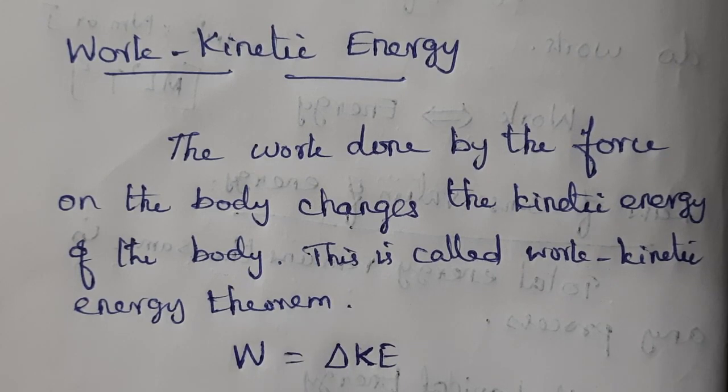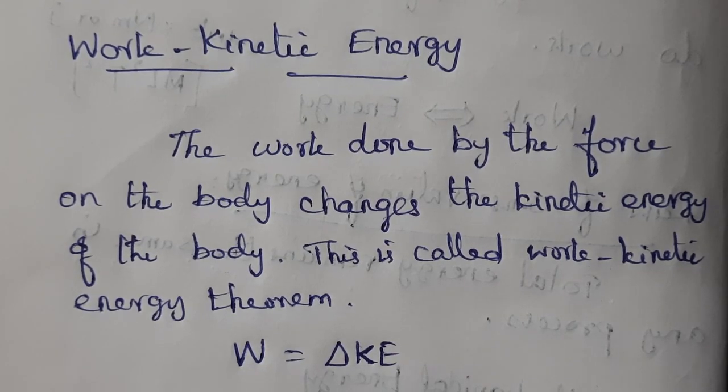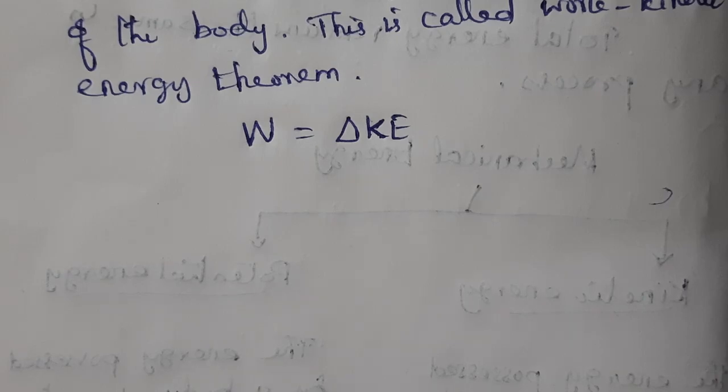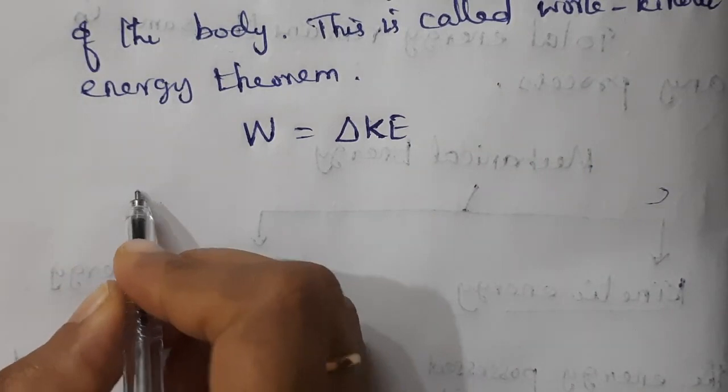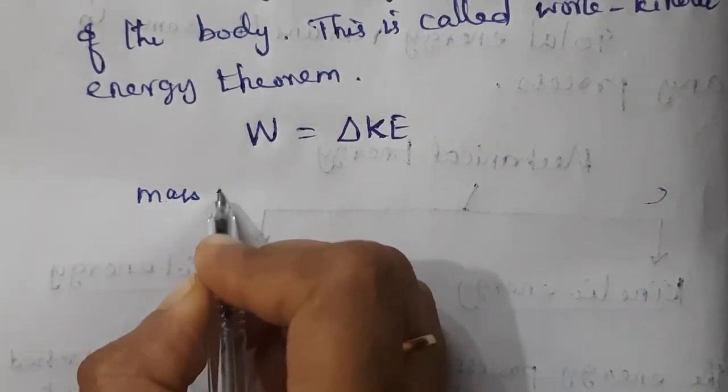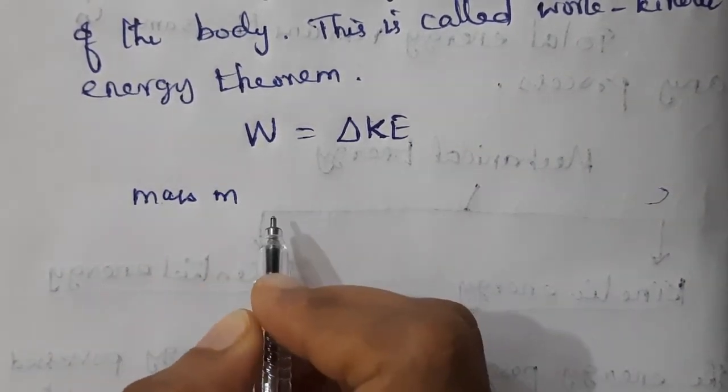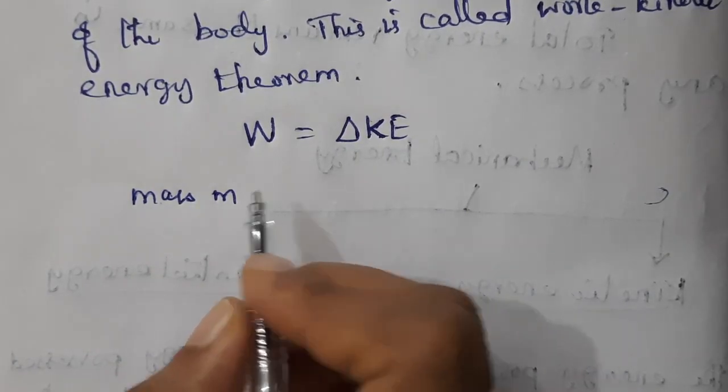So I can write the expression W is equal to delta K. We are going to prove this theorem. Let us consider a body of mass m which is at rest on a frictionless surface.